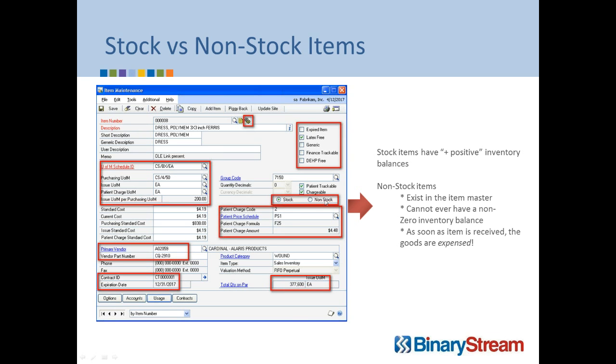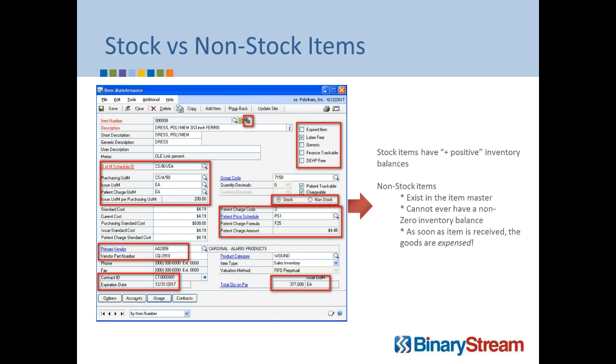Notice that now we're going to be talking about stock and non-stock items. And this is the big difference between item control in distribution-based versus consumption-based supply chain. A stock item is an item that can have a positive inventory balance, and an item we're usually going to keep in stock.